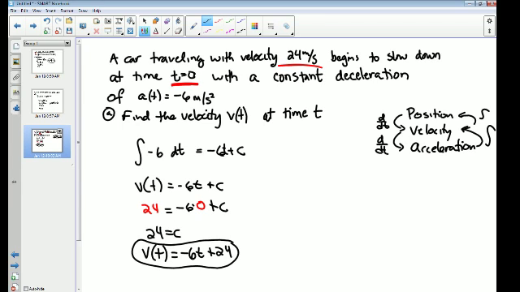Calculate the distance traveled before the car comes to a halt.